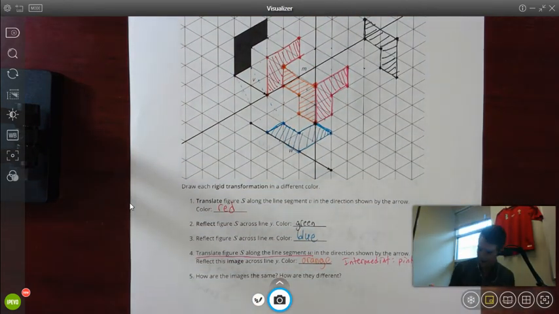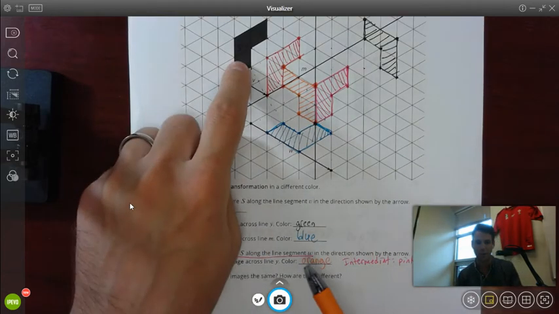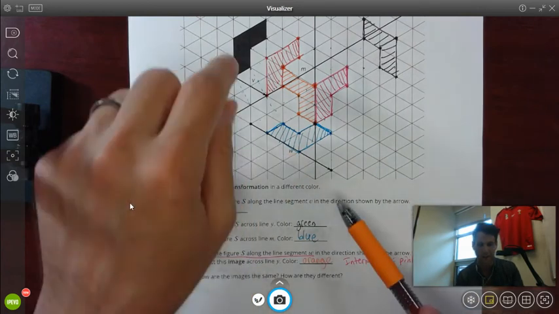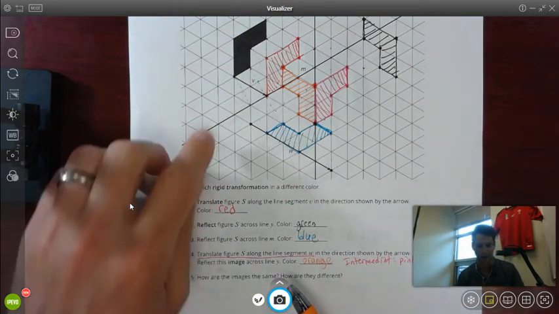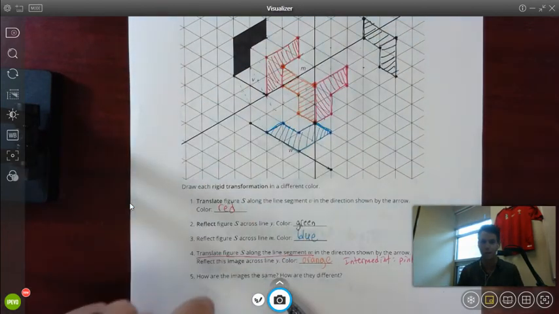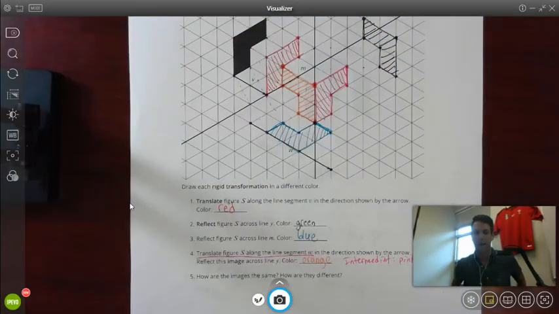In number 5, it is asking us how are these shapes the same and how are they different. So if you look at all the lengths of these shapes we've made from our pre-image to all the images we've made, all of them have the same lengths of sides, and you're looking at all these angles. All of them match up with each other if you're looking at corresponding angles here. And it doesn't change no matter what we did to it.